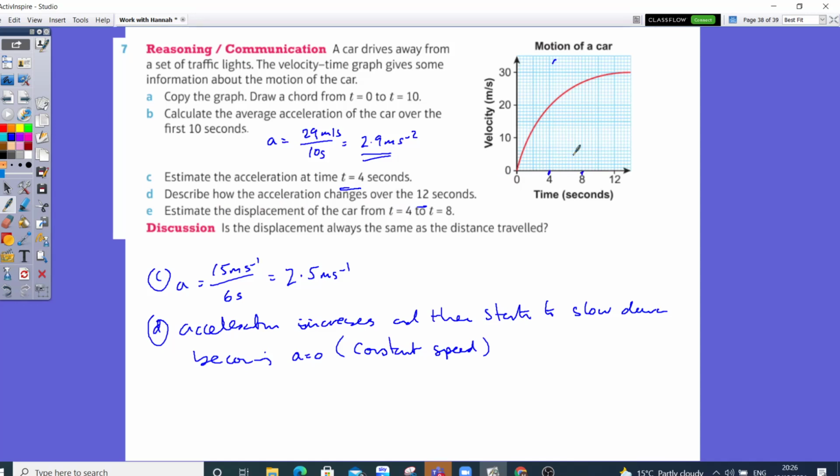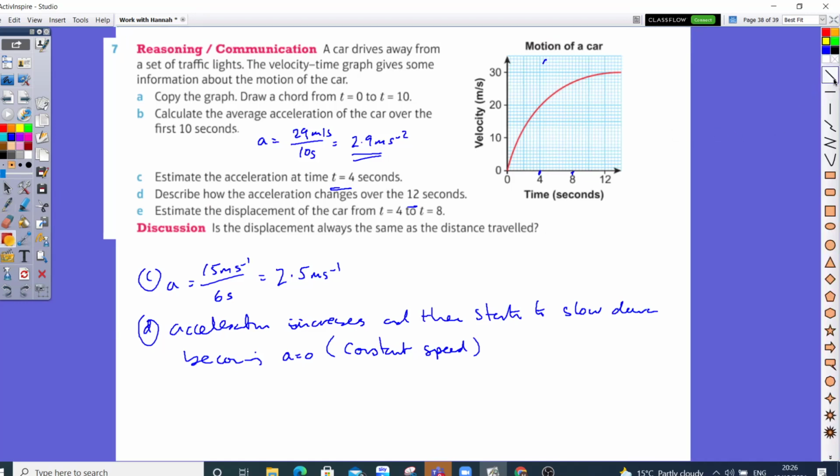So what I'll do is I'll get a straight line drawn, and I'll go between 4 seconds and I'm going up to 8 seconds. It's about there. Then I'm going to just draw that straight down. Okay, and draw this one straight down.